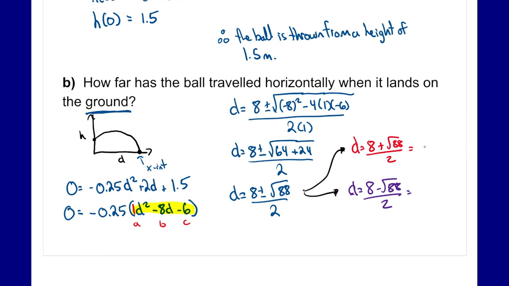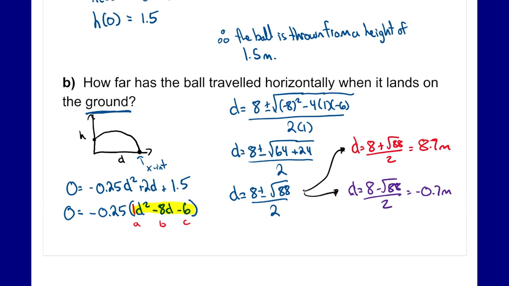One I get as 8.7 meters. The other I get as negative 0.7 meters. So looking at this, which one would we take? I have two answers, but which one is correct?